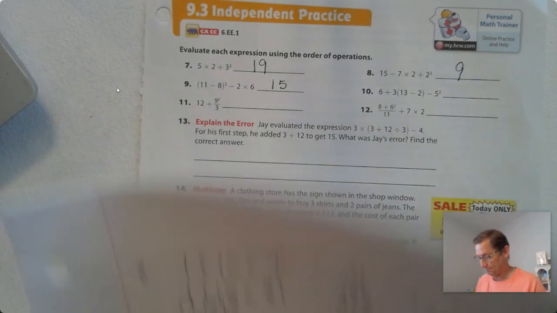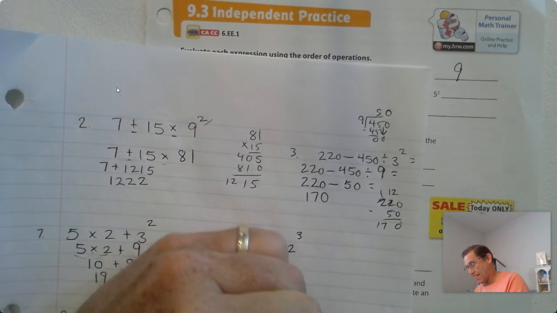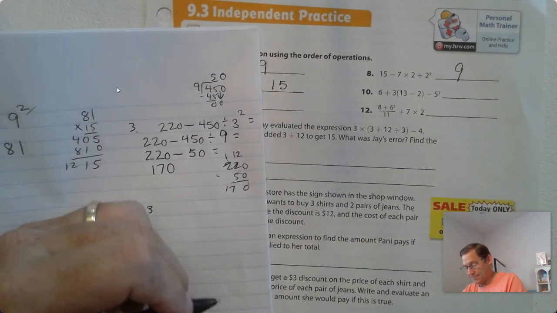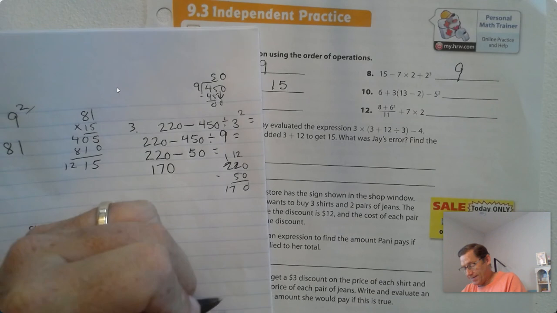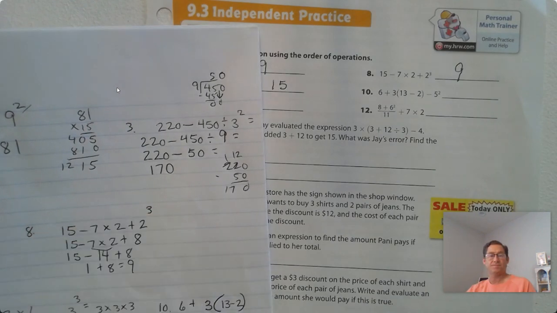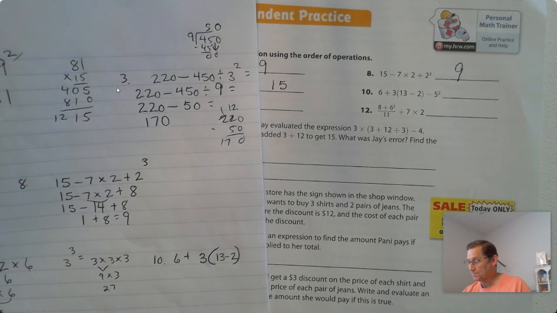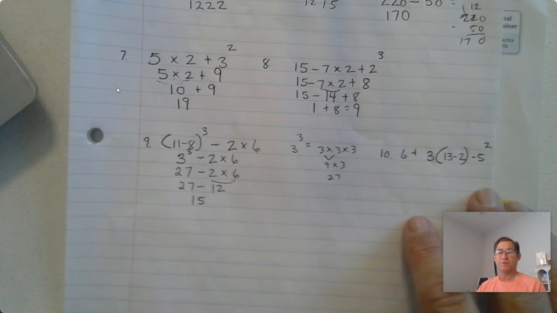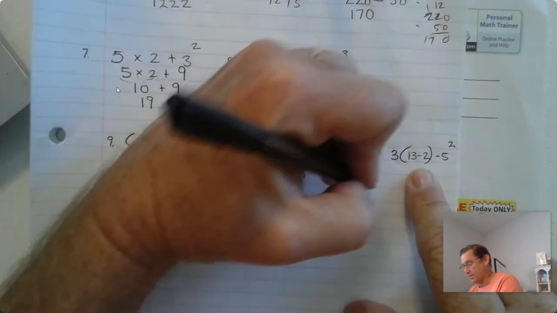Number 10. 6 plus 3 times the difference of 13 and 2 minus 5 squared. All right, so we do have parentheses, so we're going to do that first.